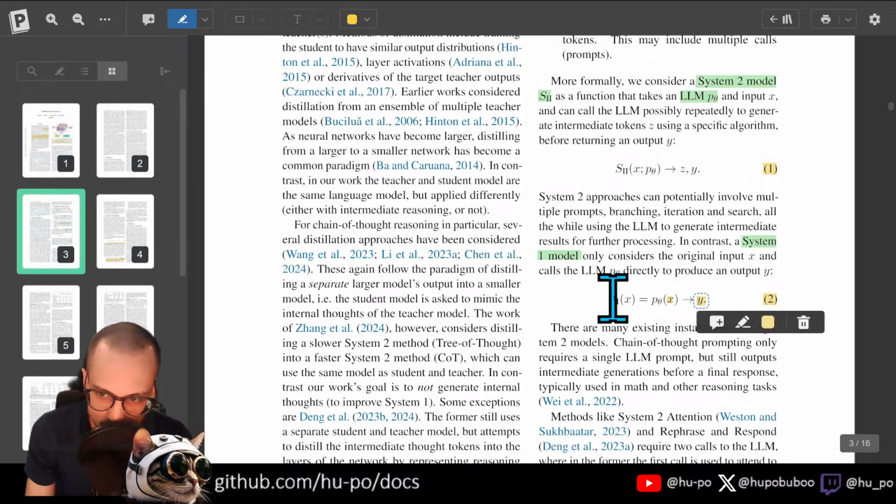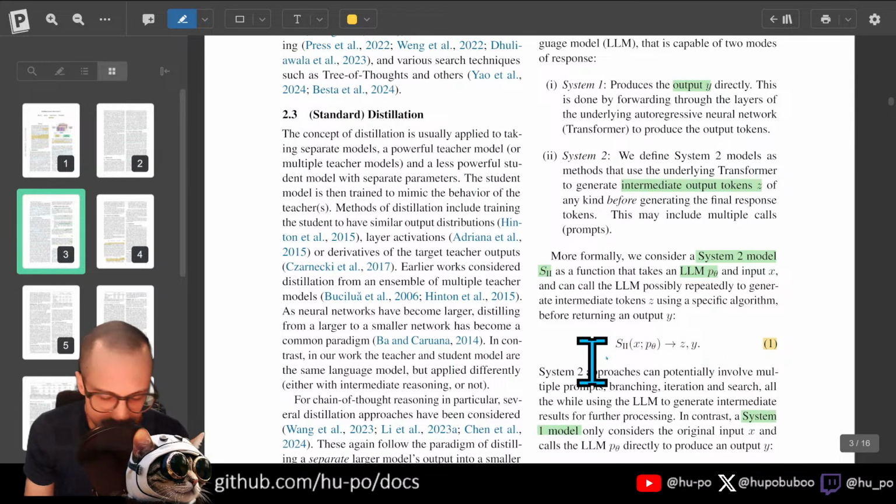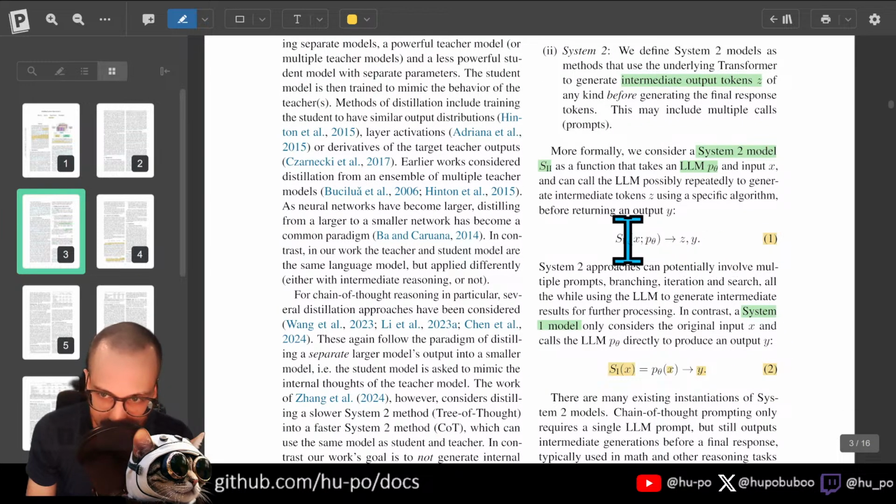So some System 1 model P, which is parameterized by some parameters theta, consumes that sequence of input tokens X and produces a sequence of output tokens Y. System 2 is the same thing, but now you're also giving it the ability to output intermediate output tokens Z. So now a System 2 system is again a model, but the model consumes the X and it can output Z and then Y, right? That's really just the difference between System 2 and System 1: System 2 has the Z intermediate output tokens, whereas System 1 has Y.